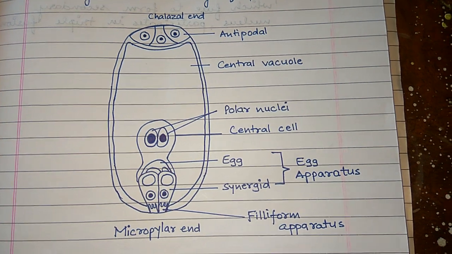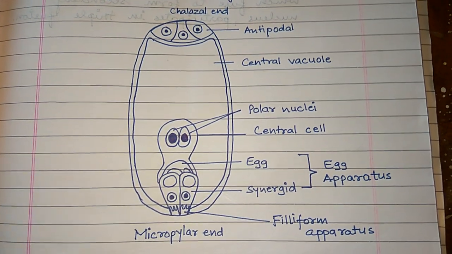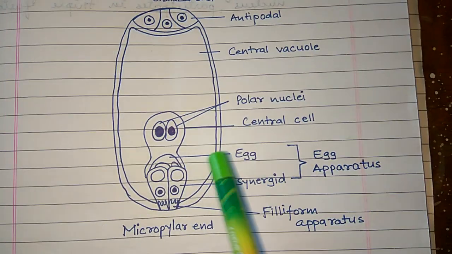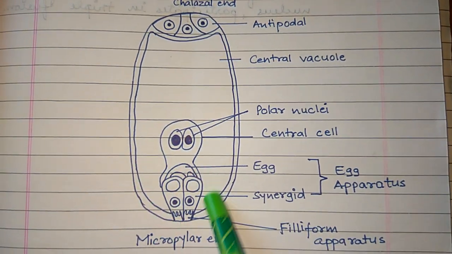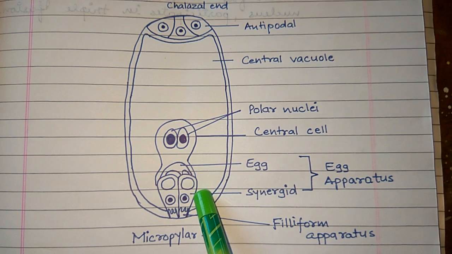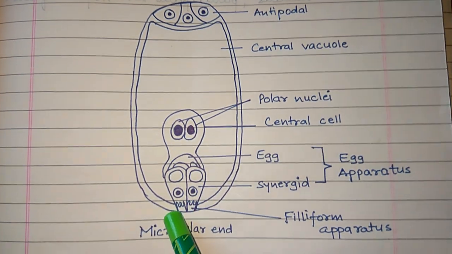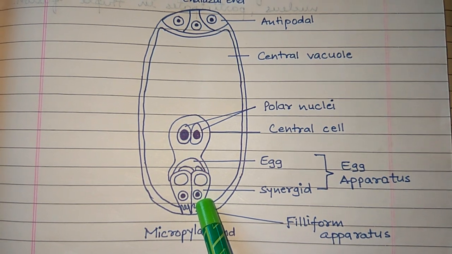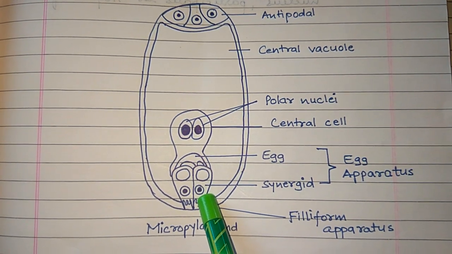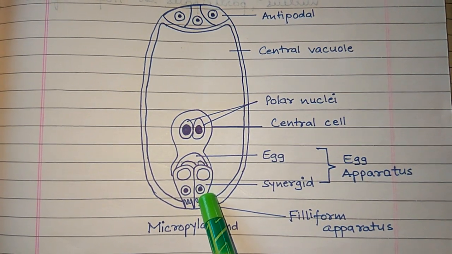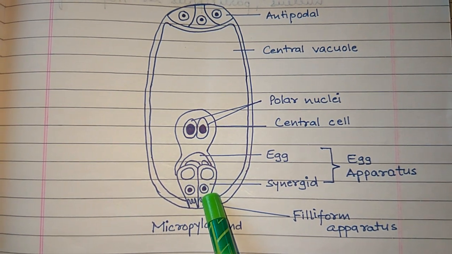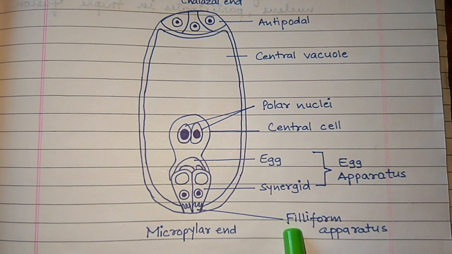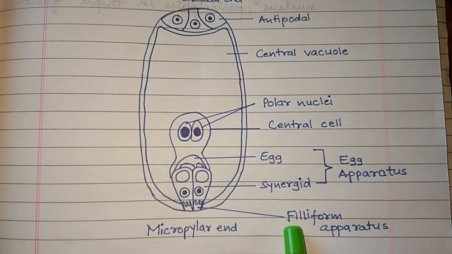In this, egg cells are also present, which form an apparatus called egg apparatus. A mass of finger-like projections present in the synergid is called filiform apparatus, which was discovered by Haberlandt.